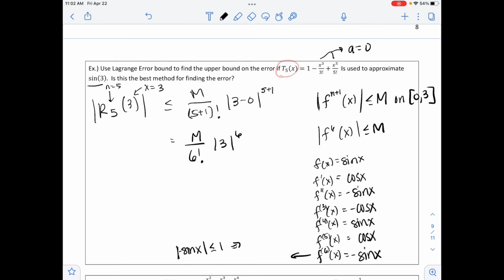And so this means that I would select our value of M equal to 1. So back up at the top, I would have 1 over 6 factorial times 3 raised to the 6th. And then substituting this into a calculator and working it out, rounding to 4 decimal places, I get a value of 1.0125.